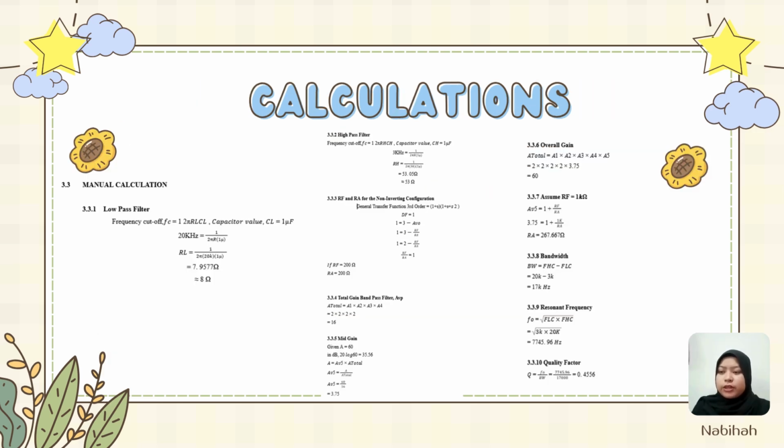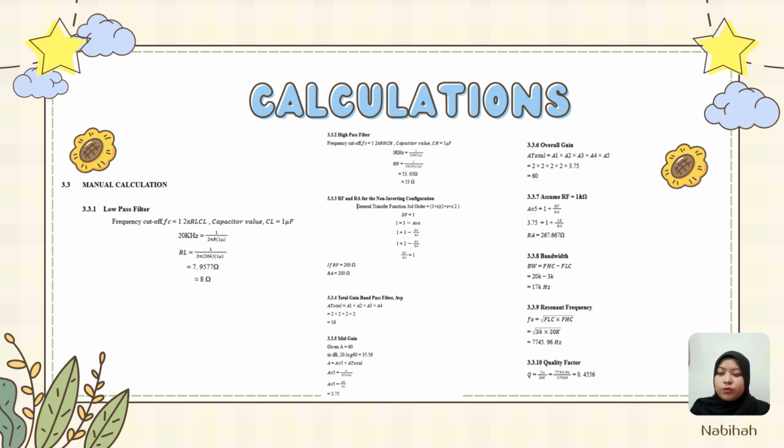Based on our calculation, for the high-pass filter at 3 kHz with a 1 microfarad capacitor, we choose R equal to 53 ohms. For the low-pass filter at 20 kHz, R equal to 8 ohms. Each op-amp stage gives a gain of 2, so the total gain after 4 stages is 16. To reach our target gain of 60, we add a final op-amp amplifier with a gain of 3.75.